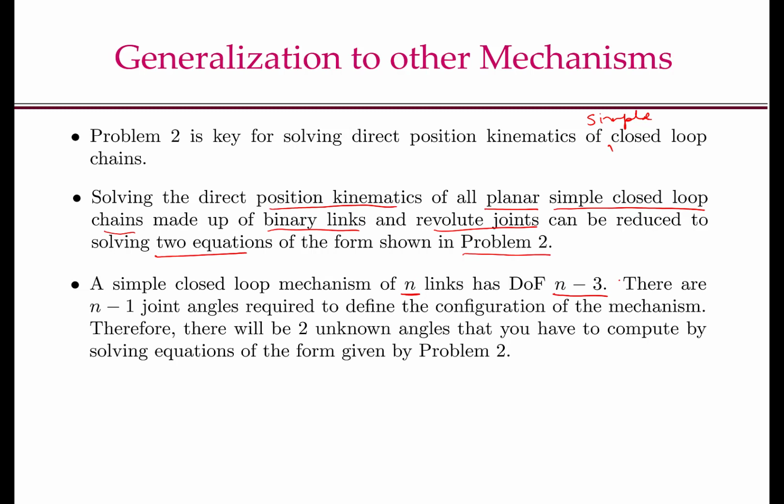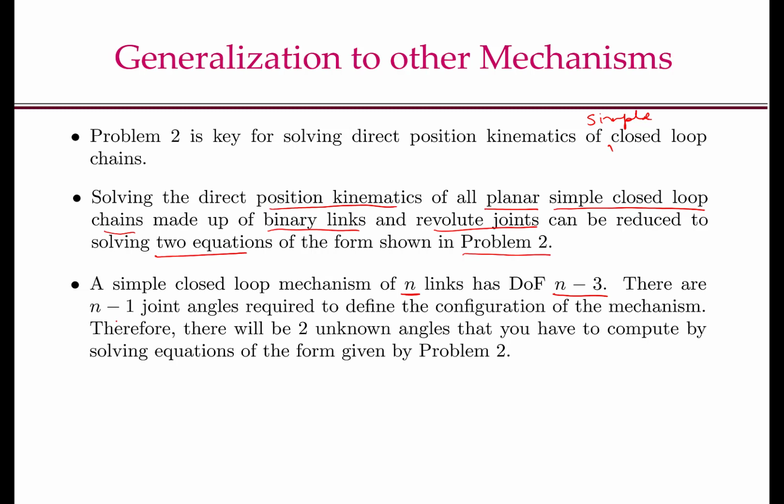And if there are n links, then you will need n minus 1 joint angles to define the configuration of the mechanism. So first make sure that this claim makes sense. If you put n equal to 4, which is the 4-bar mechanism you know, then you get 4 minus 3 as 1, which you know is true. 4-bar mechanism has 1 degree of freedom. And you need 4 minus 1 or 3 joint angles to define the configuration of the mechanism.